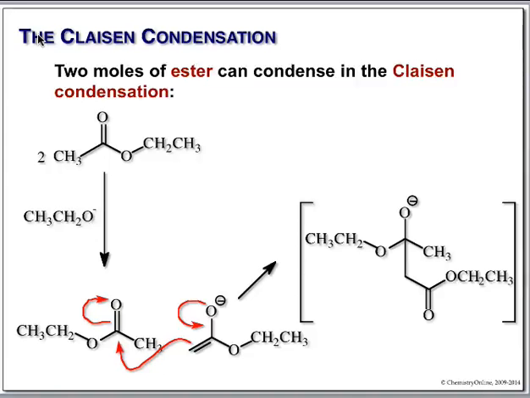Draw the structure of what's left. Go ahead, kick out ethoxide, collapse the tetrahedral intermediate, and give me a structure. This is going to be a carbonyl, isn't it? Right here. Going to be bonded to a methyl, then to a CH2, then to an ester.